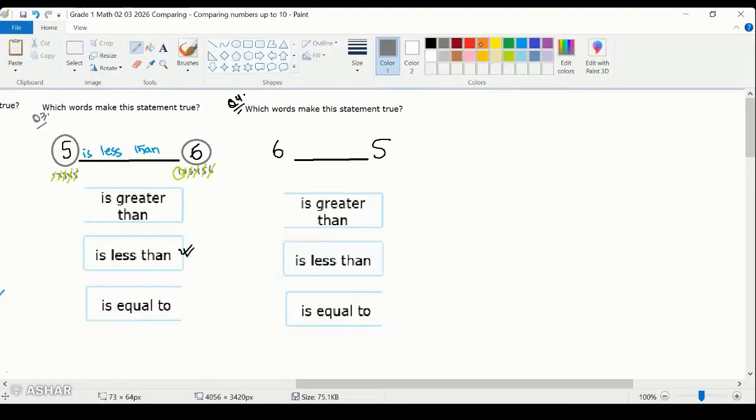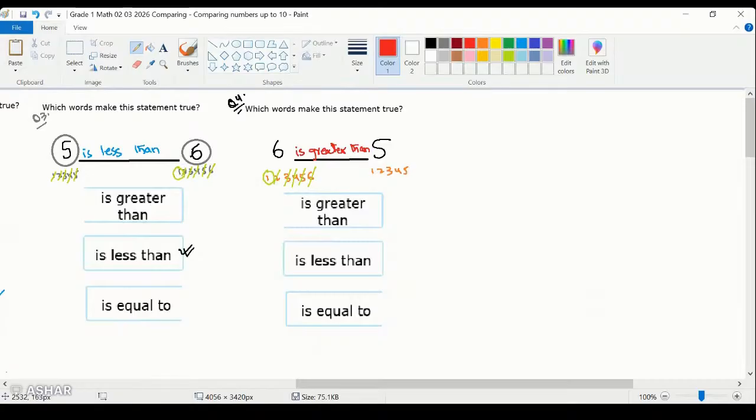But if 6 was written before 5, that means if we write the 6 numbers and the 5 numbers, if we remove 5 numbers from here, 1, 2, 3, 4, and 5, we are left with 1. Agreed? That means we should write this as 6 is greater than 5.